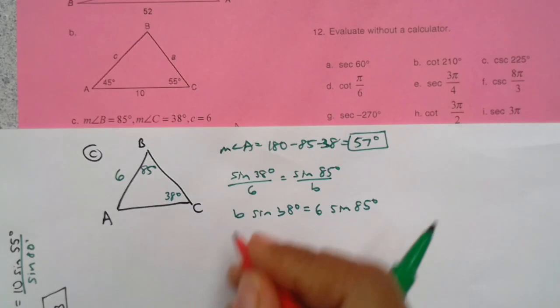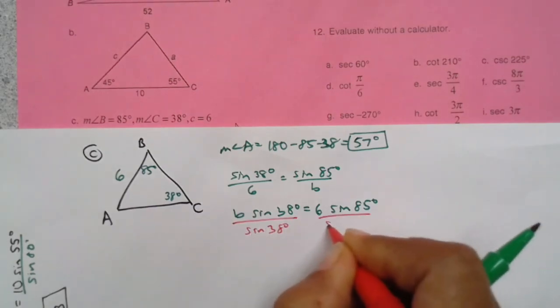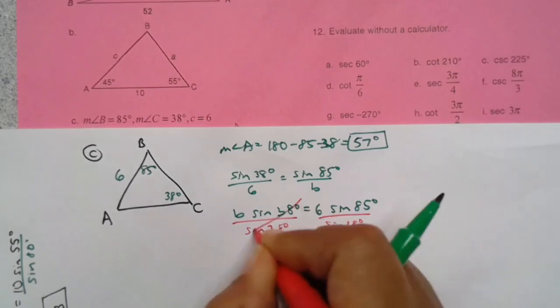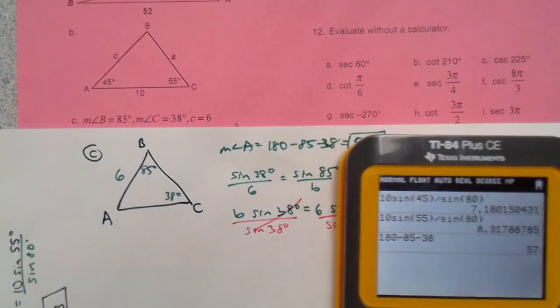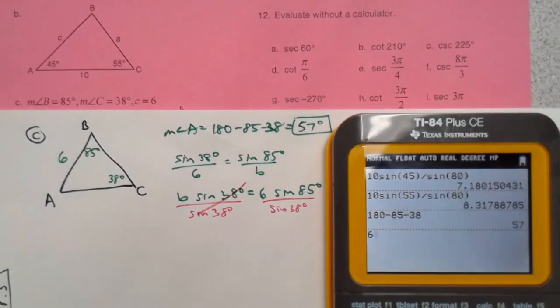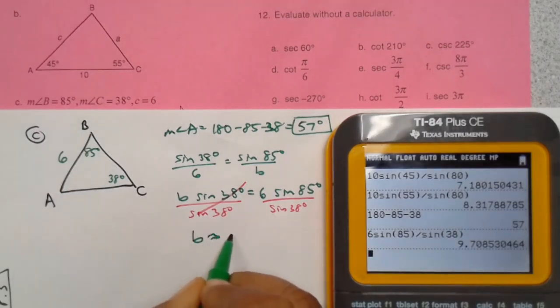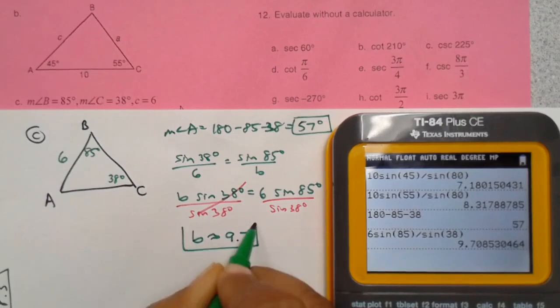I'm going to take that and divide both sides by sine of 38 degrees. And then plug that into the calculator. So plugging it into the calculator, I have 6 sine of 85 in the parenthesis before you divide by sine of 38. And that means B is going to be approximately 9.7.